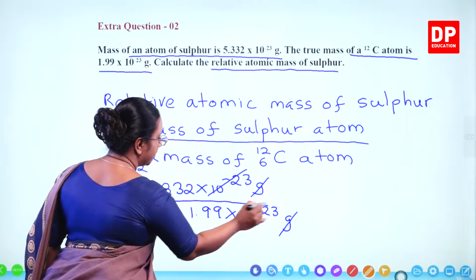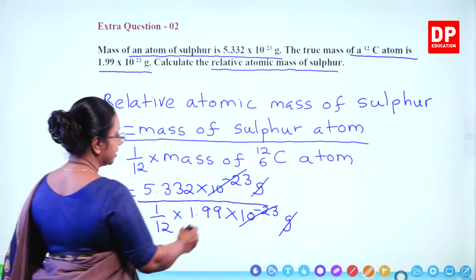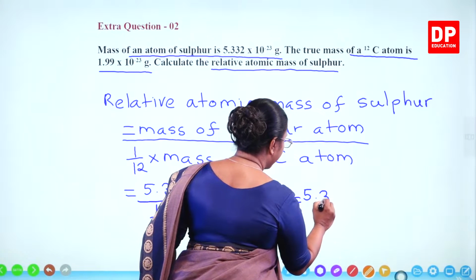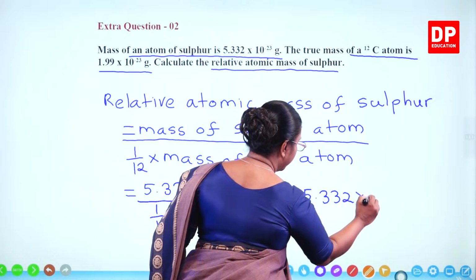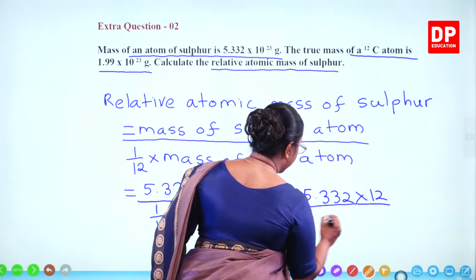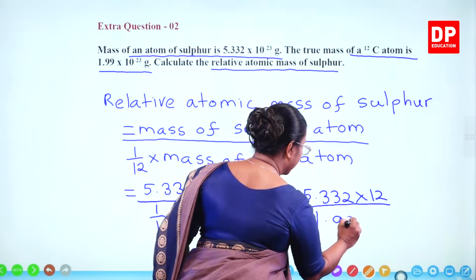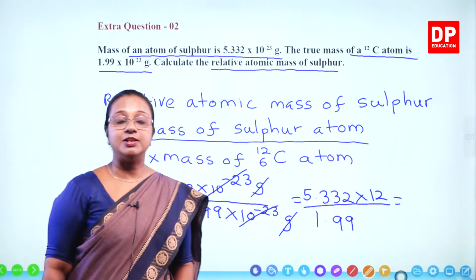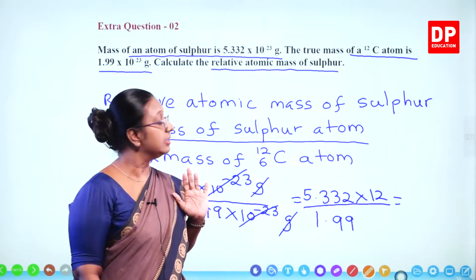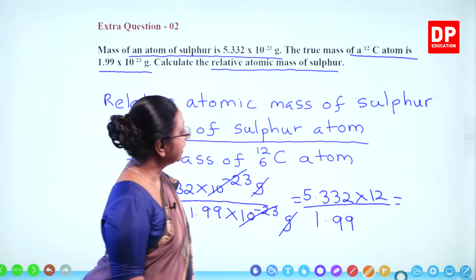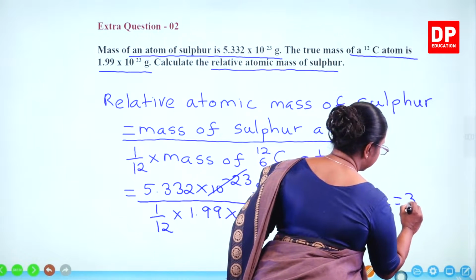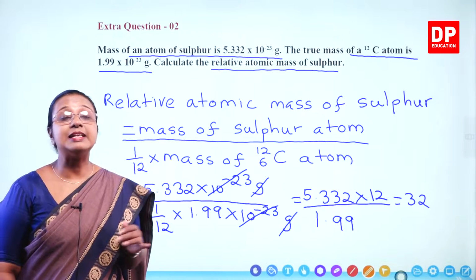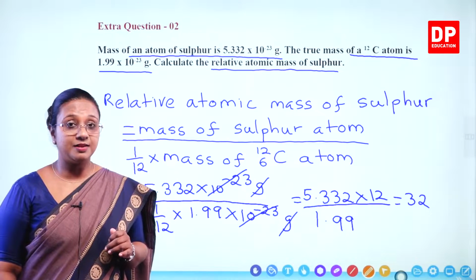Grams cancel off, 10 to the minus 23, 10 to the minus 23 cancel off. So you will get the value as 5.332 into 12 divided by 1.99. And when you simplify this, what will you get? You have to do the calculation. You will get the answer as 32. So that is the relative atomic mass of sulfur.